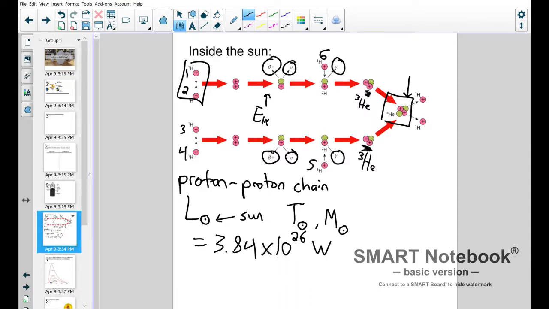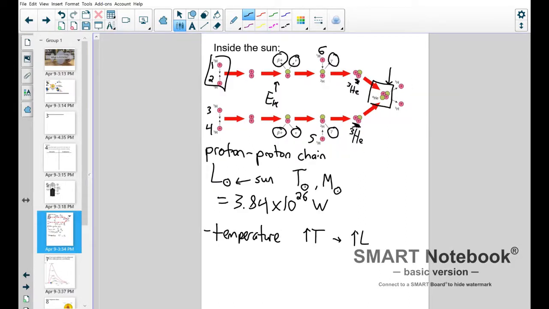Immense, beyond immense. Some of the factors that affect the luminosity of any star, not just our star. First one that affects it is the temperature. I'm sure you can imagine that if something has a higher temperature, its luminosity will be higher. Kind of makes sense. Temperature is kinetic energy. If something has a higher temperature, there's more movement happening, there's more energy being released.